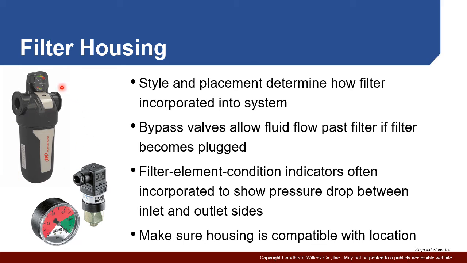There's a number of different styles for these, and we can place them in different locations depending on how we want them to function and what we want them to do for our system. One of the features that's common to a filter housing is it has a built-in or integral bypass valve. In case the filter ever gets so clogged or so dirty, we want it to be able to bypass it.